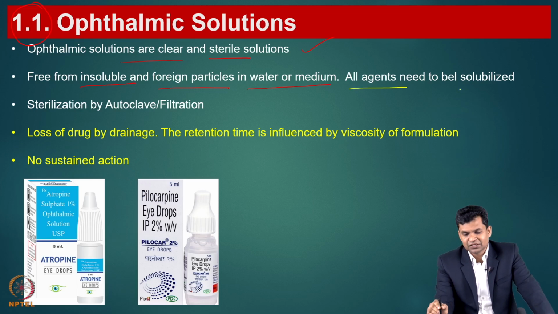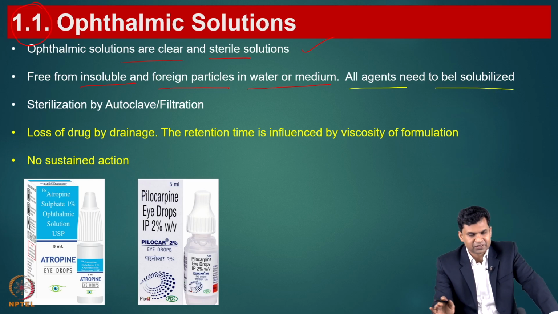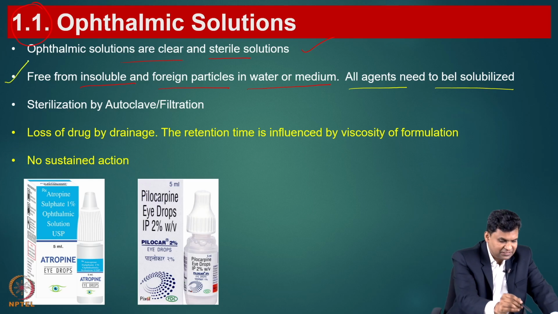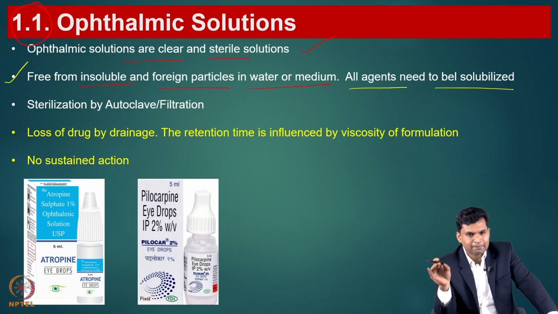All agents need to be solubilized in the given medium. So there should be no particles available, and even if you find them during storage, you need to discard such formulations, because they come from various sources of contamination. So this point is very important: free from insoluble and foreign particles in the water or in the given medium.